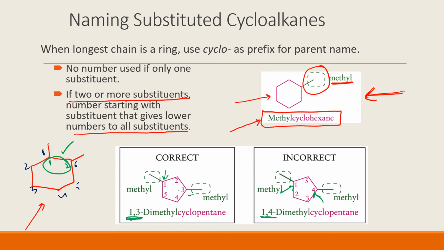First we write the locator numbers. Both substituents are methyl, so it will be 1,2-dimethyl. Our ring is a 6 carbon ring, and because it is a ring, it is cyclohexane.